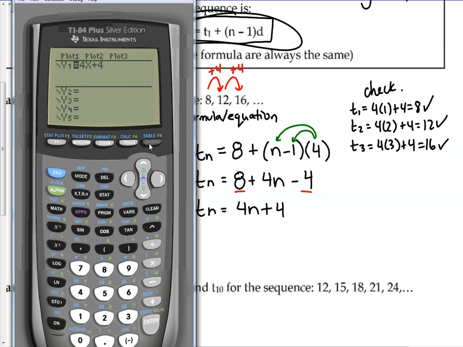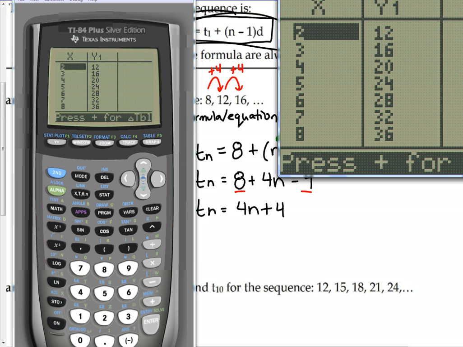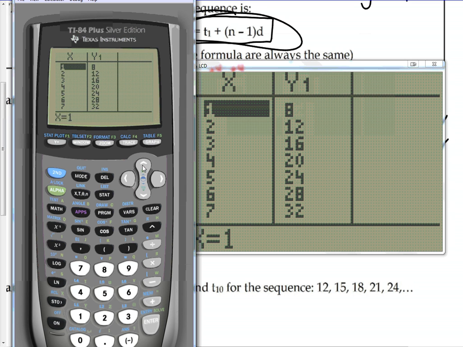So second graph, oh, let me make this bigger for you. Okay, so there's term 1 is 8, term 2, 12, term 3, 16. And then really quickly, if I wanted to say the sixth term, I could just see the sixth term is 28. Okay, so your table can help you too. Good times.